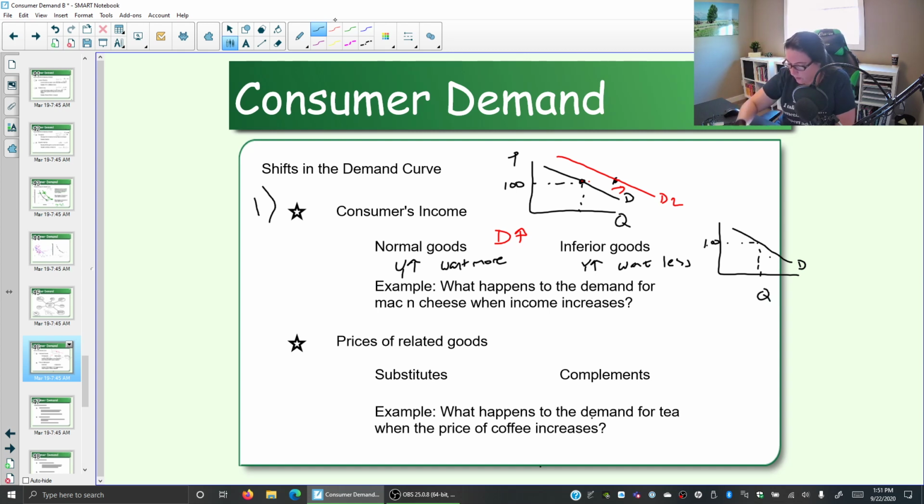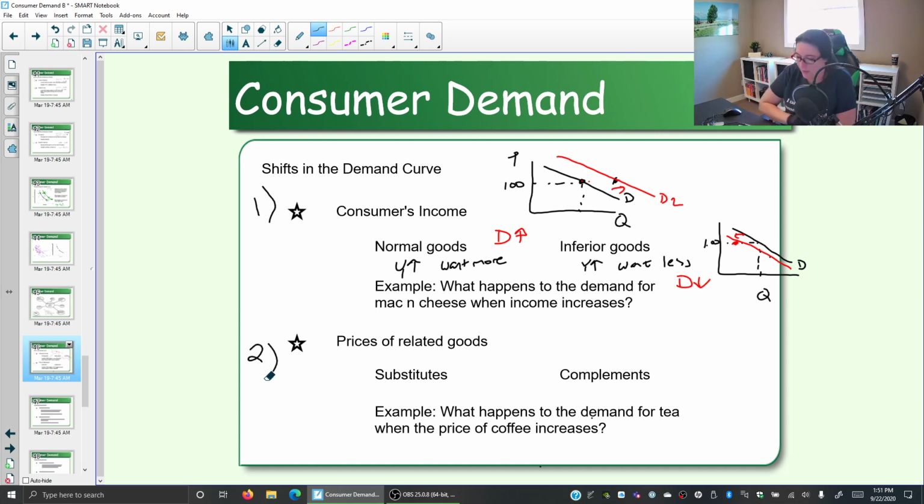Likely, you are going to switch to other things, fresh fruits and vegetables and gourmet meals. So at $1 a box, the amount you're willing and able to buy is less. Notice that point is not on the demand curve. We have in fact shifted the demand curve to the left. Demand has decreased. So if income goes up and you have an inferior good, demand will decrease. The graph will shift to the left.